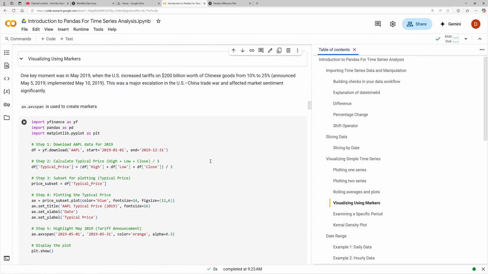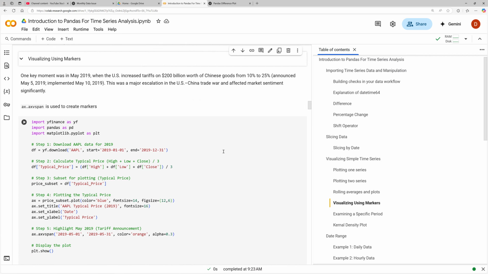As an example, there's a key moment in May 2019 when the US increased tariffs on $200 billion worth of Chinese goods from 10 to 25%. This was a major escalation in the US-China trade war and affected market sentiment significantly. This was back in 2019 when Trump was president. Nowhere near the magnitude of the increase in tariffs as we see today.